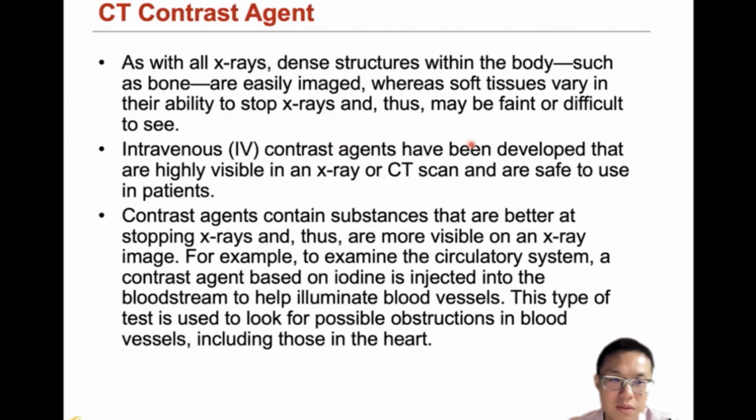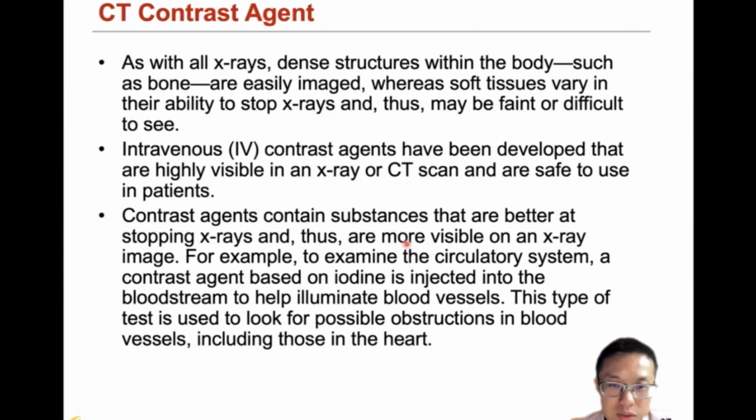So in this case, to enhance the quality or the contrast, intravenous contrast or IV agents will be given so that some of the parts will be highly visible in X-ray or CT scan. And this IV contrast agent is safe to use in patients. Otherwise, people wouldn't want to use this IV contrast if it's going to damage the human body.